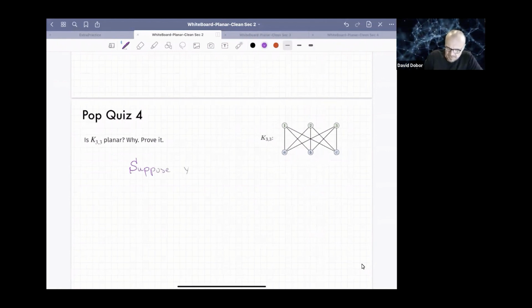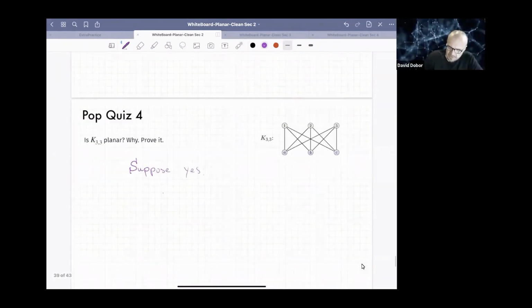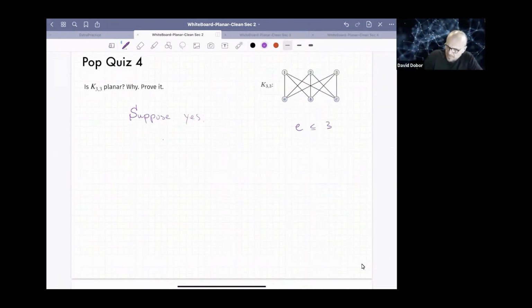Suppose K33 is planar. So what's the number of vertices? Six vertices. So here's the relationship we proved: E is less than or equal to 3V minus 6. V is 6, as you just told me. How many edges? 9.